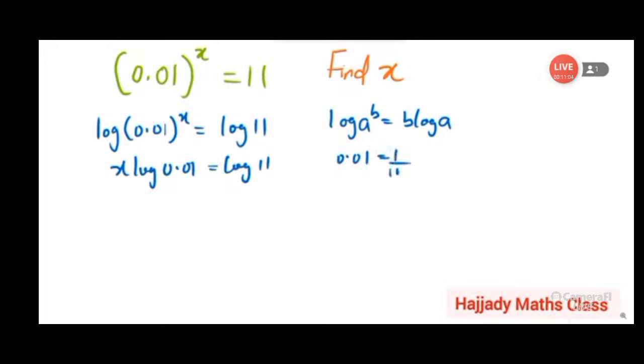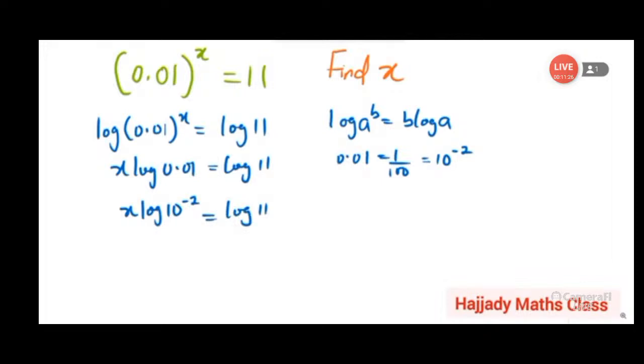In addition to this, also we know that 0.01 is the same thing as saying 1 over 100, right? Which is the same thing as saying 10 raised to power negative 2. So using the same thing here, we are going to change 0.01 to 10 raised to power negative 2. So we have x log 10 raised to power negative 2 equals log 11. So applying the first law here, which is log a raised to power b, the same thing will be used here.